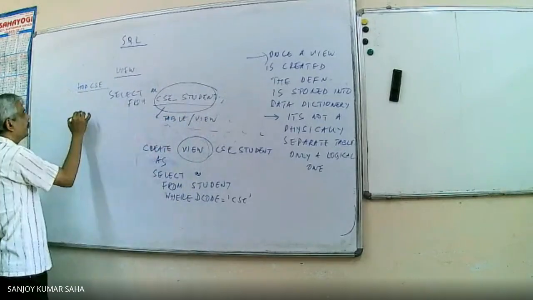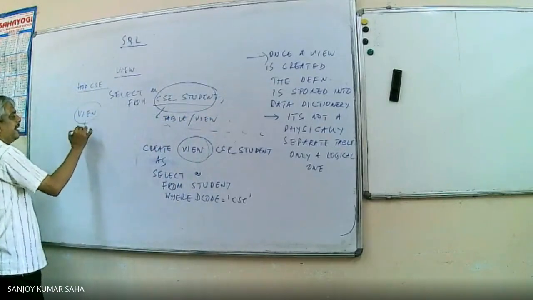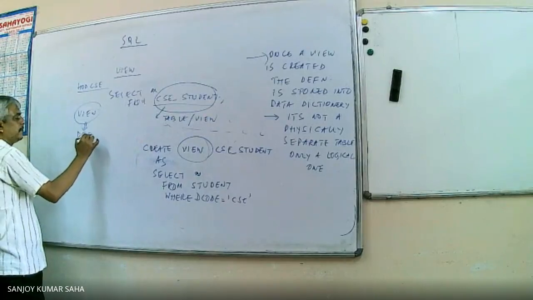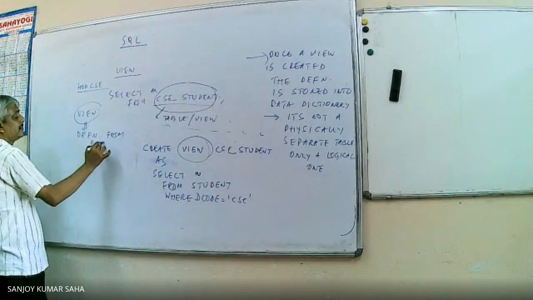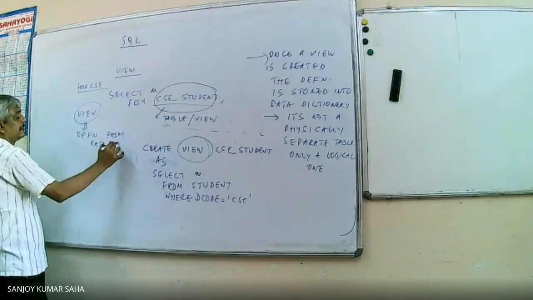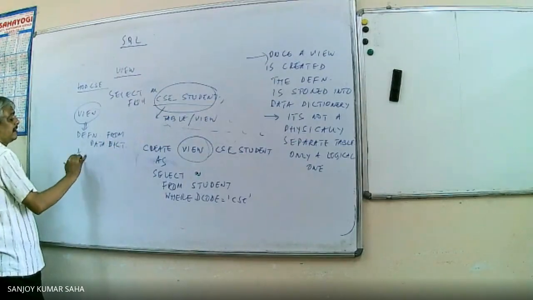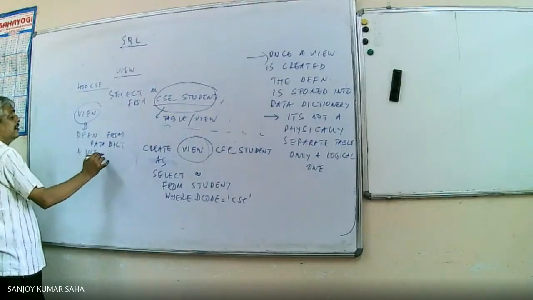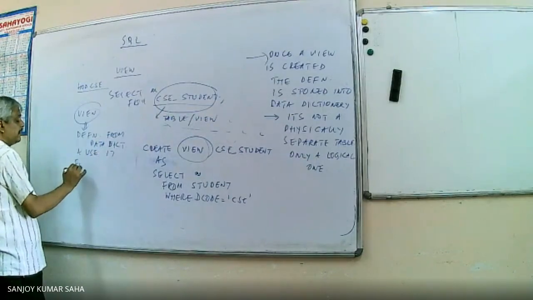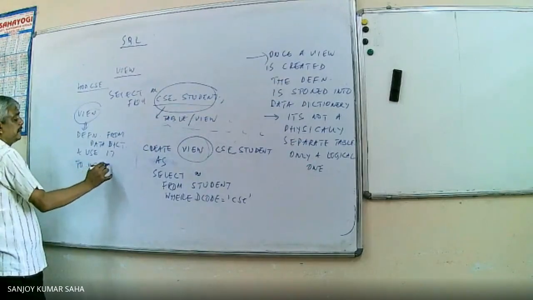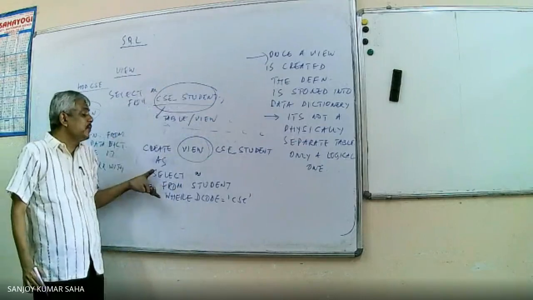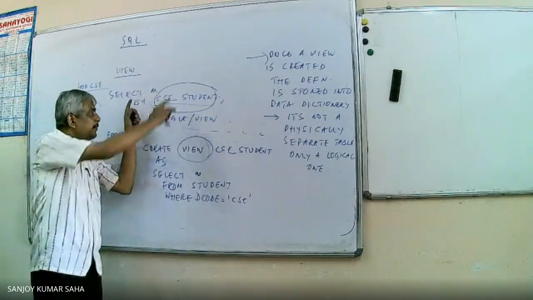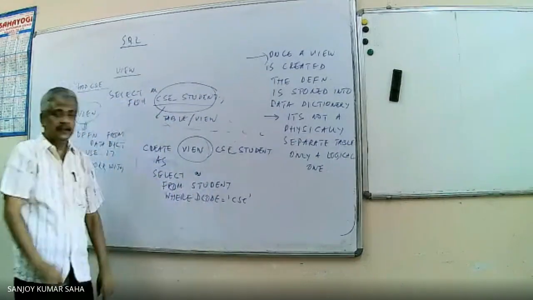So if it is a view, it will collect the definition from the data dictionary and use it. So it will be replaced by this query, as if within brackets select star from this thing.